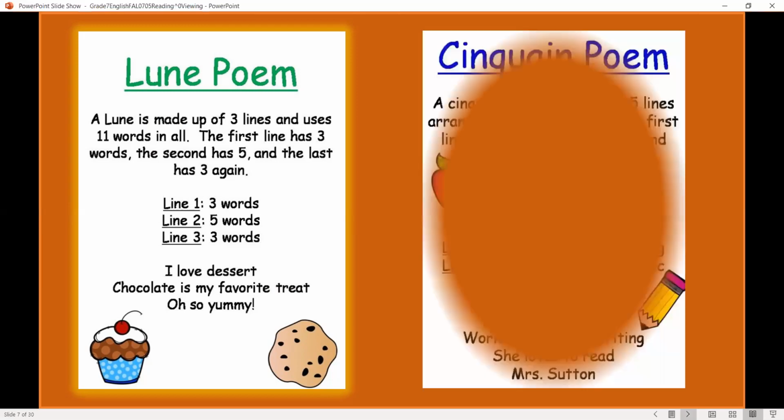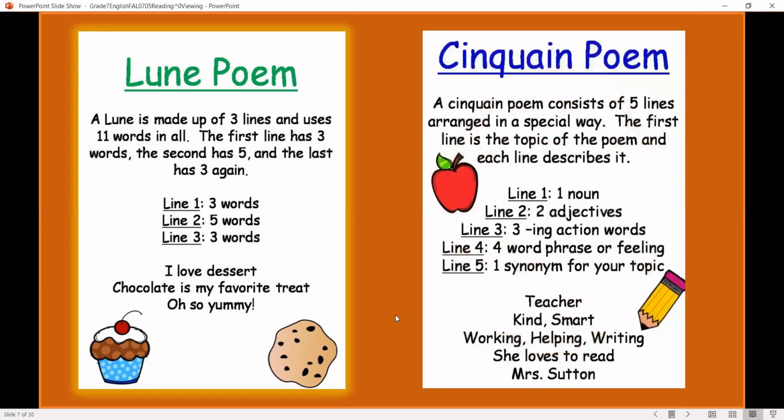Okay, the next one is a cinquain poem. Okay, so a cinquain poem is 5 lines, but they are arranged in a special kind of way. The first line is your topic, and then after that, every other line kind of describes your topic. So you'll have your noun. This is when you need to know your parts of speech as well. So in the first line, you have your noun.